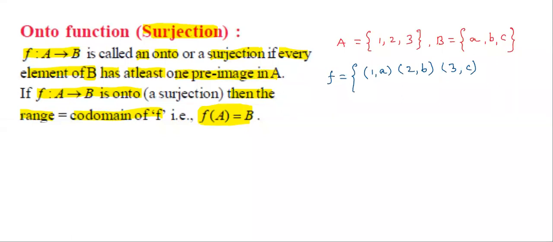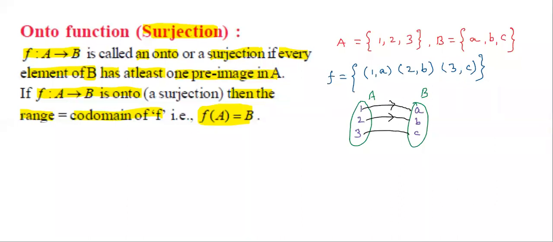Suppose observe this example. Tell me, draw the Venn diagrams. This is set A. This is set B. So observe here, we need to write the elements 1, 2, 3. Here a, b, c. Now the mappings given: 1 to a, 2 to b, 3 to c.